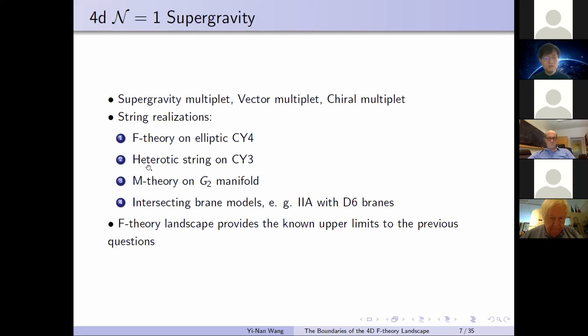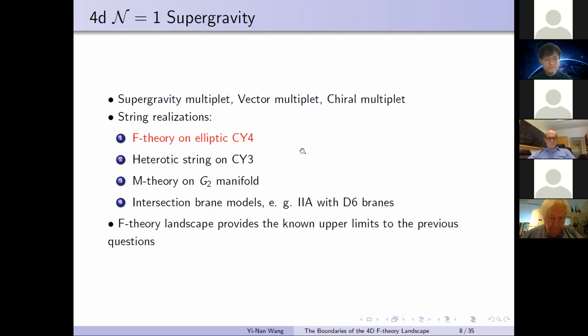Of course, there also exist many weakly coupled descriptions, like intersecting brane models with type IIA superstring in the presence of D6 branes.